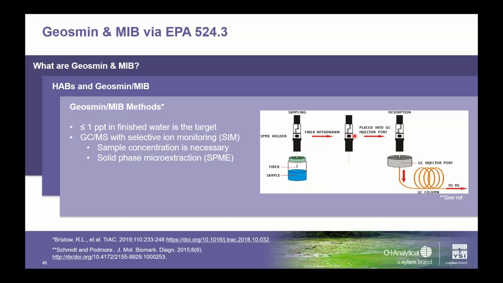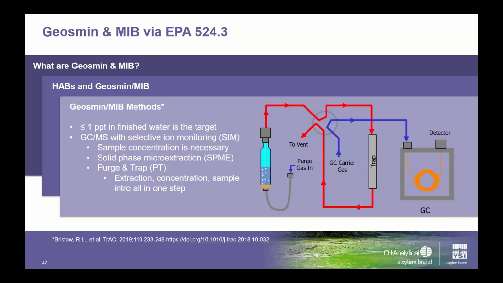And then you take it out and basically you heat it to desorb what has adhered to that fiber. So variability in this process, I mean, you have to get good adsorption and then very consistent desorption before that sample goes into your GC loop. There's a lot of variability in that. And that's one of the reasons that we thought we wanted to try this with our purge and trap system.